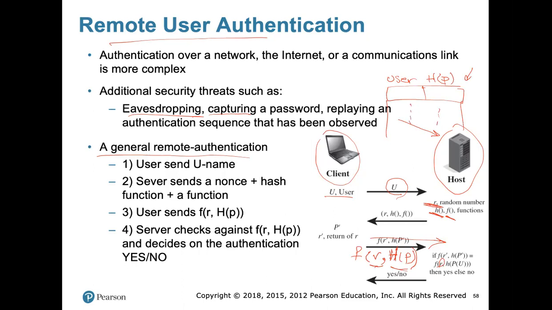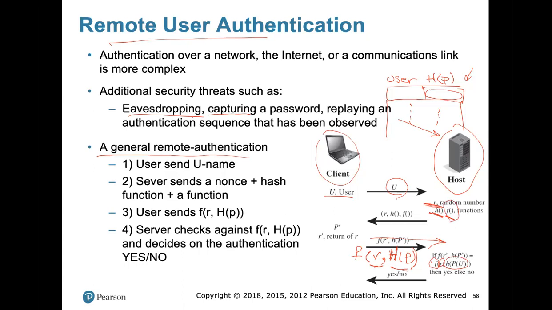So the host goes and extracts the hash of the password of the user from its password file and puts it here as the second parameter of this function f. The function f is also defined by the host, so the host knows the function.